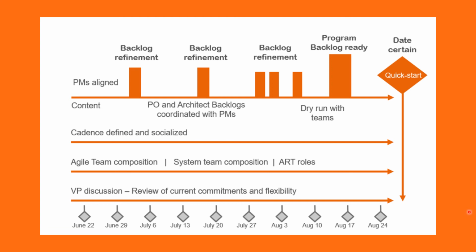So hope you got a fair idea about how do we launch ART within the value stream, right? Number of steps we discussed, right? So with that, we come to a conclusion of this particular video.